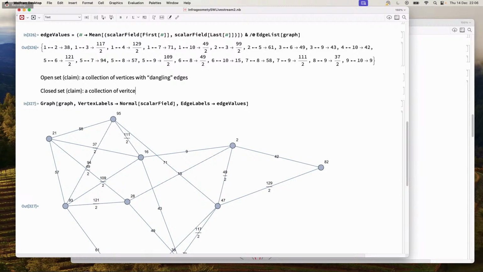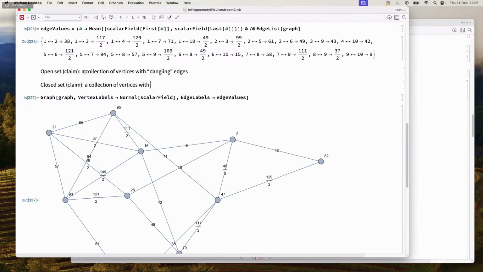Is it a subgraph? Yeah, each of these would be subgraphs. In fact, let's say a subgraph containing dangling edges. I don't know whether this is where all edges are dangling. No, I think the closed set will be a subgraph, as you say, Stephen.